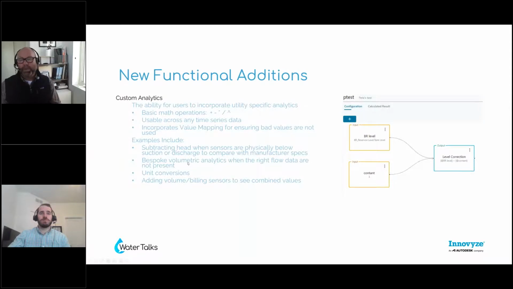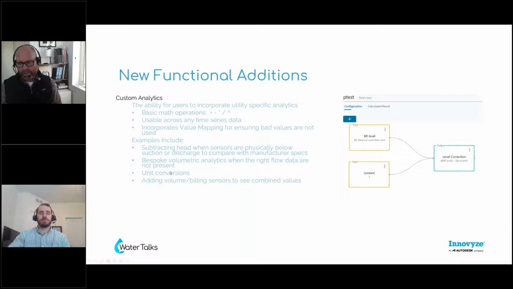Maybe you want to do bespoke volume analytics when the right flow data are not present. I've seen this in some sewer systems where there isn't a very good flow measure out of lift stations, and there is some special magic, for lack of a better term, that we can apply to get to volume data when the flow data are not necessarily present for us to work with.